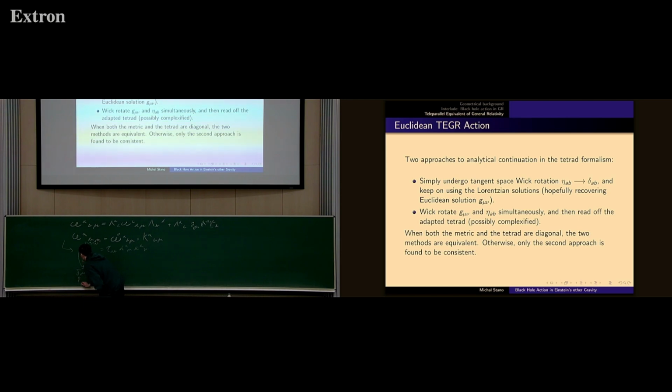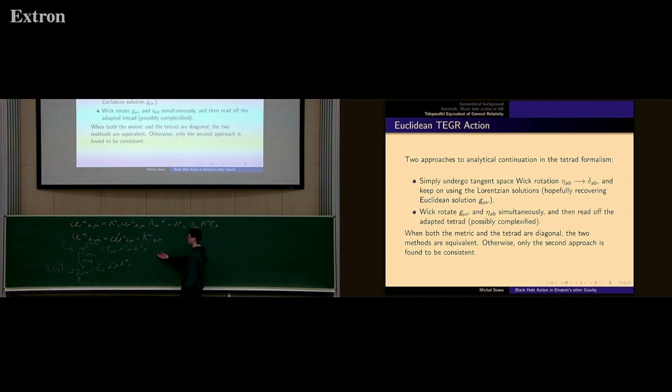So here, I hope you can see it actually, delta mu nu will be just plus, plus, plus, and plus. And on the right-hand side, we don't actually need to modify the form of the tetrads in any way. All we need to do is do the Wick rotation for the tangent space Minkowski metric. So all we need to do is to just substitute for the Minkowski eta AB metric. We just substitute the Kronecker delta AB here. And we can continue, in principle, using the tetrads just like before.